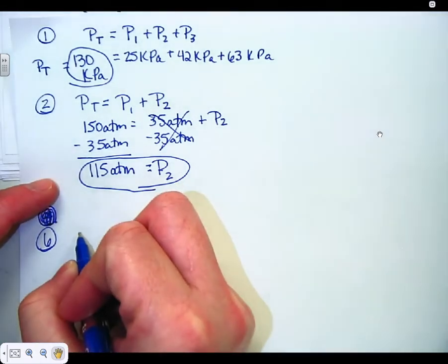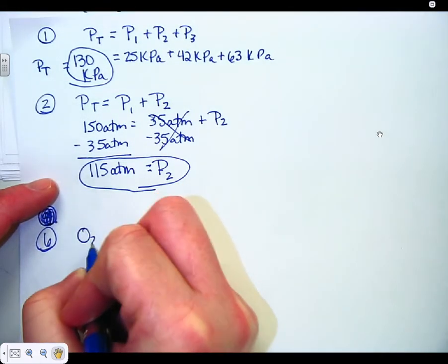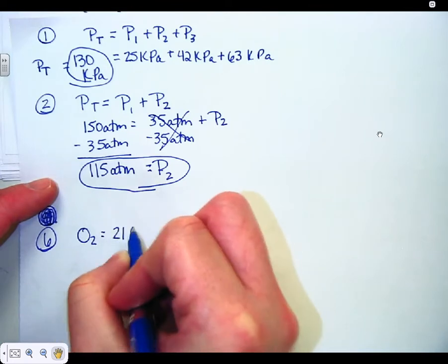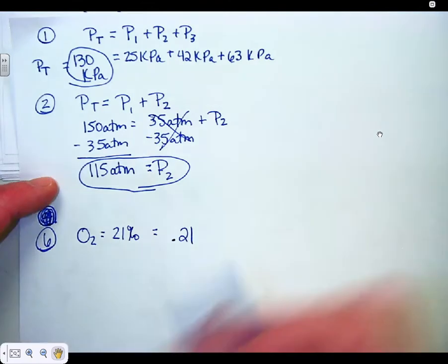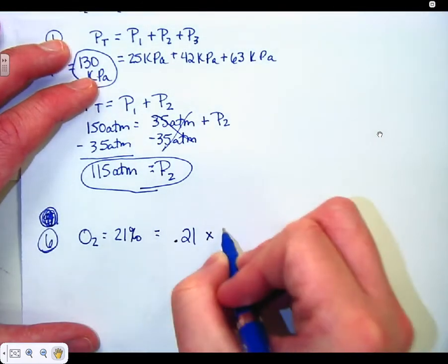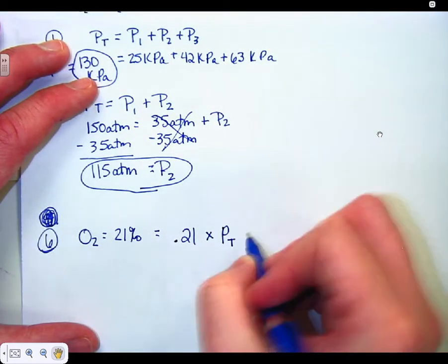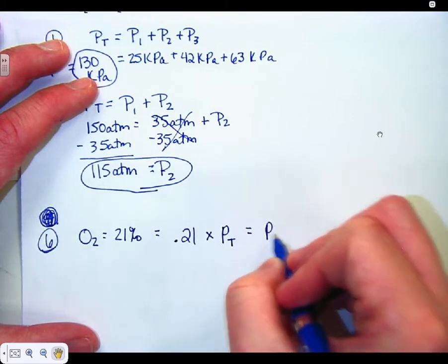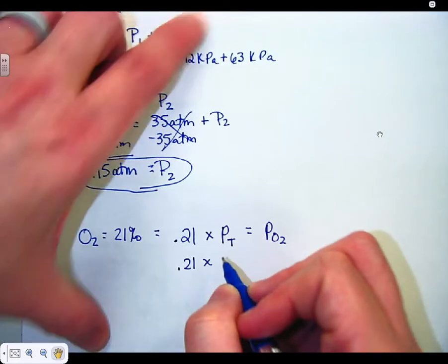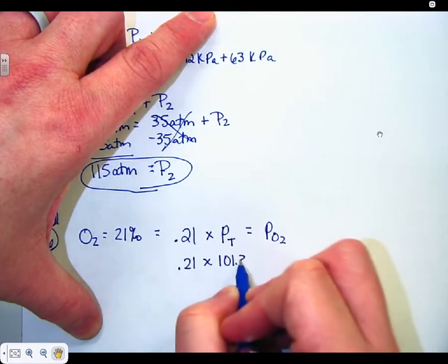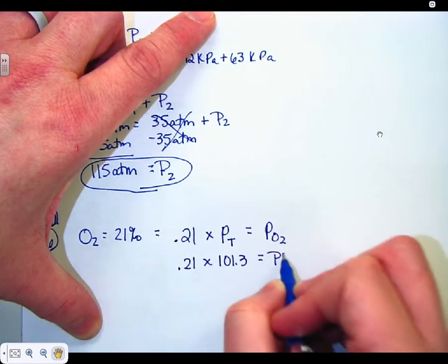If the oxygen is 21%, then as a decimal, that's 0.21. We can take that times the total pressure, and that will give us the partial pressure of the O2. So 0.21 times the total pressure, which is 101.3, is going to give us the pressure of the O2.